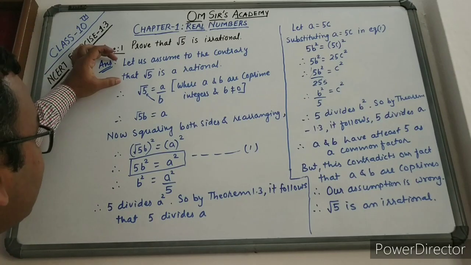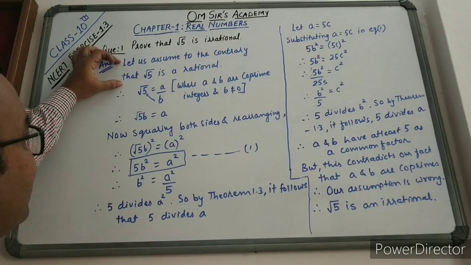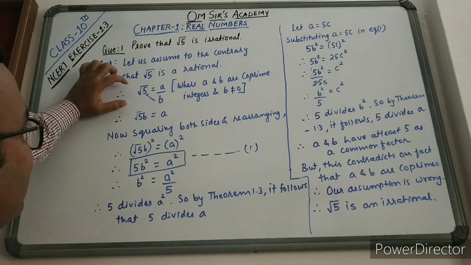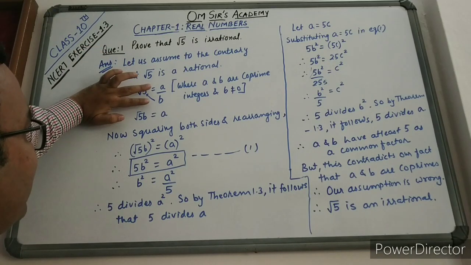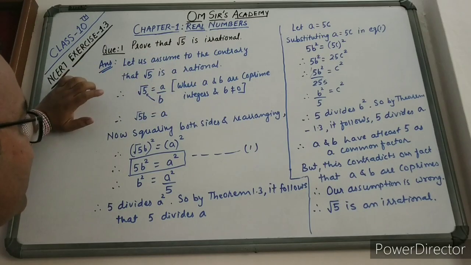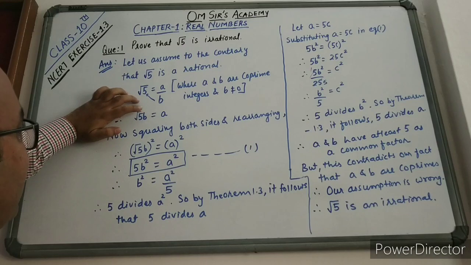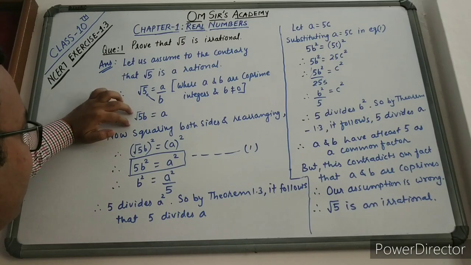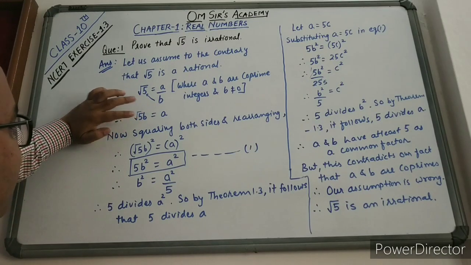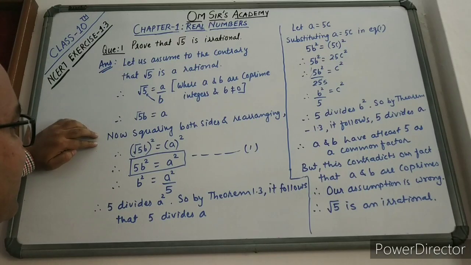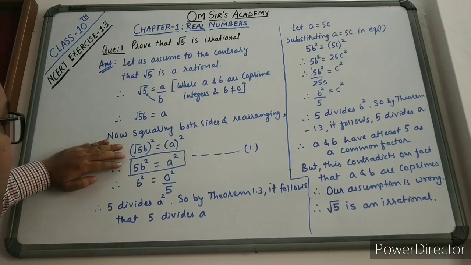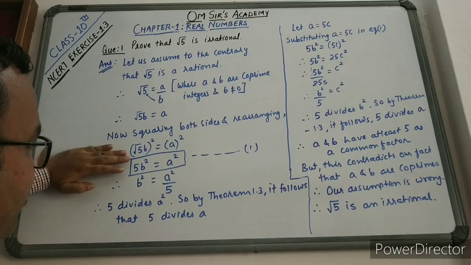वापस से एक बार कर लेते हैं. Let us assume contrary, हमने assume किया कि root 5 rational number है. ठीक है, फिर root 5 rational है तो we can write it in a upon b form where a and b are co-prime integers and b is not equal to 0, right? So if I take this b to the next side, it will be root 5b equals to a. Then squaring both the sides and rearranging, we got root 5b the whole square equals to a square.